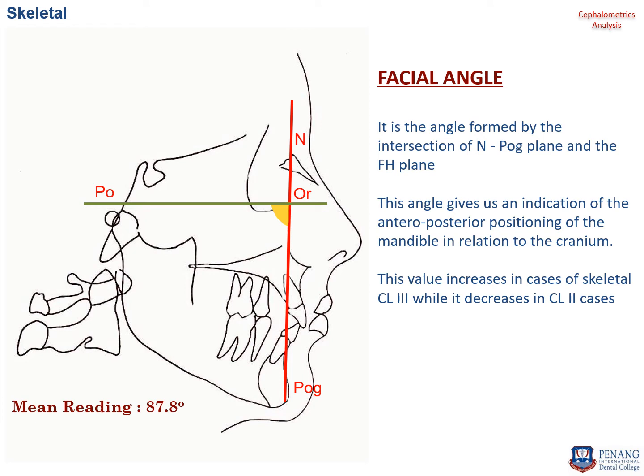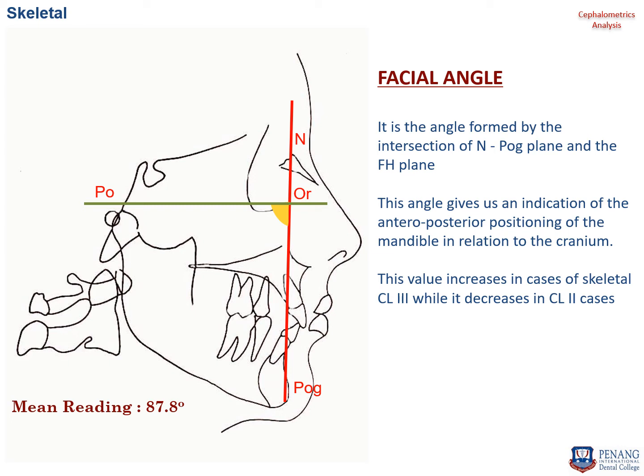So we shall be starting with the skeletal parameters. The first one is the facial angle. How is a facial angle formed? It is formed by the intersection of N-pogonion plane and FH plane. It's easy. The angle formed between these two planes will give you facial angle. This angle gives an indication of the antero-posterior position of the mandible in relation to the cranium.